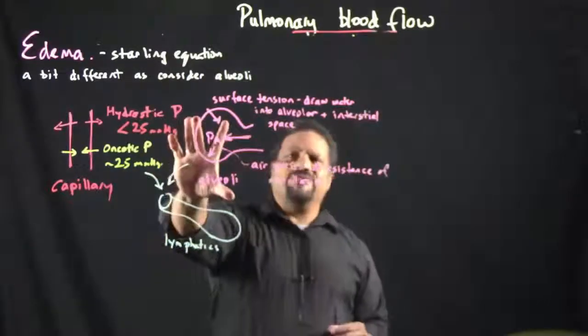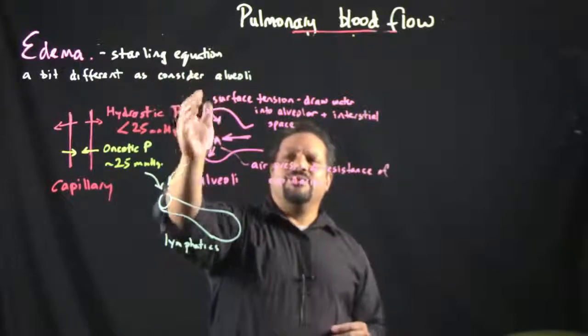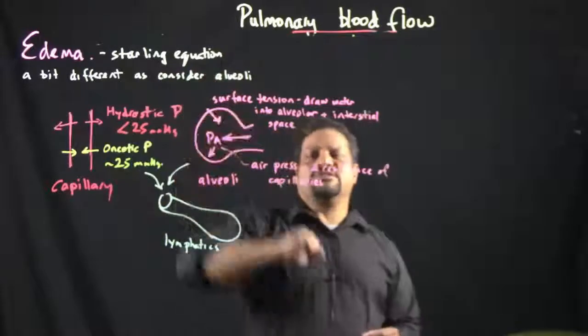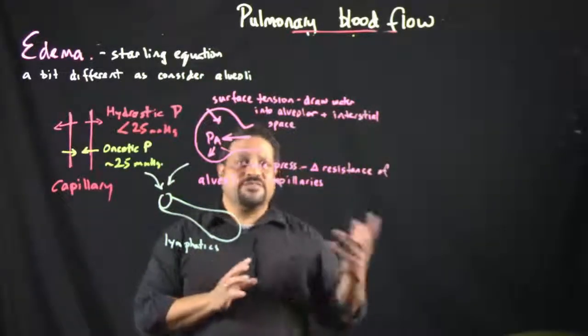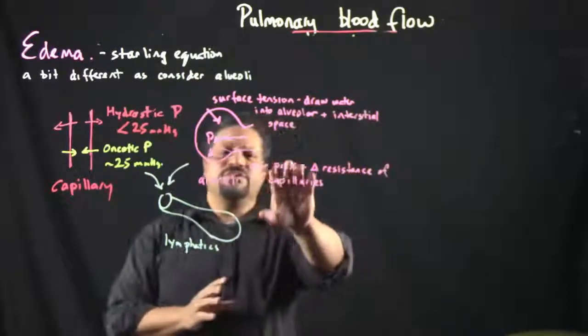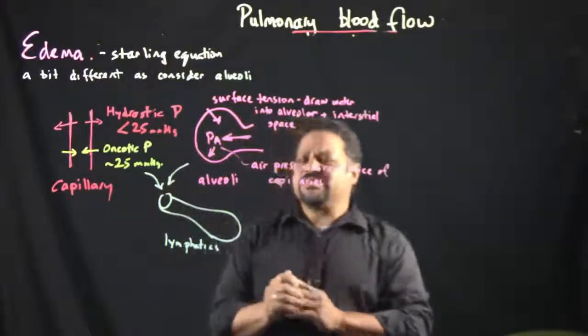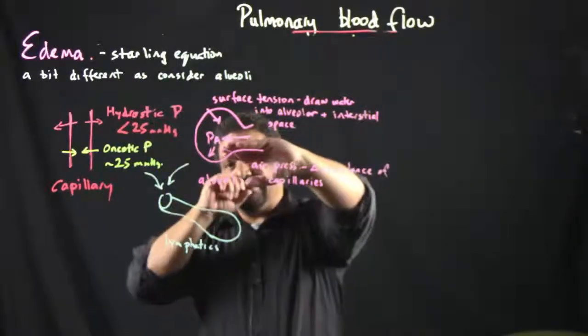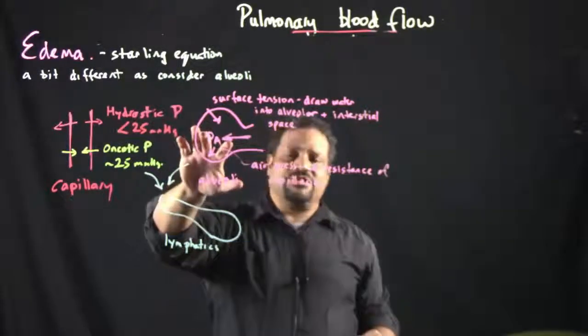Now let's look at the alveoli. We have surface tension that would draw water into the alveolar and interstitial space. So if surface tension increases, you're going to draw water in. With air pressure, as we've talked about in previous lectures, as you breathe in or force more air into the alveoli, that alveolar pressure will increase.